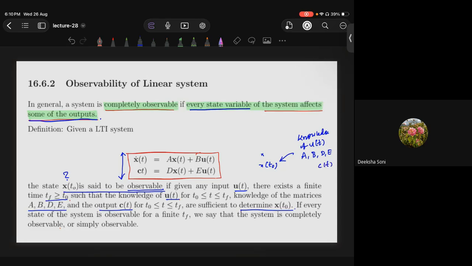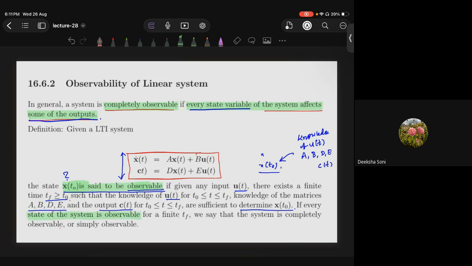These are enough to find this x of t naught. Then we can say that x of t naught is said to be observable. Is this clear? So if every state is observable, then we can say that the system is completely observable.